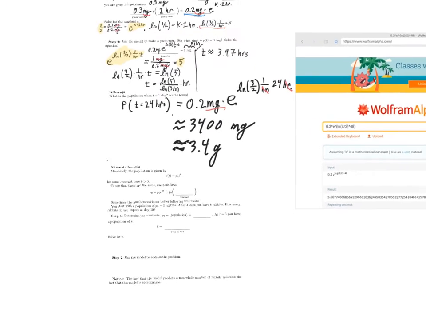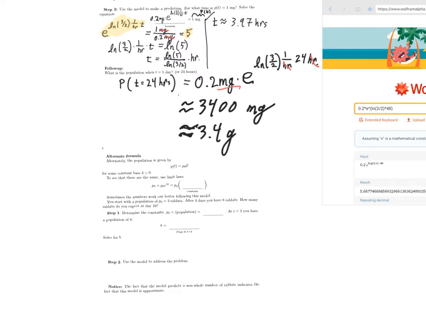That would be a lot of bacteria, and it's unreasonable to expect that to live in the same petri dish. So our remark here is, what we're seeing is, eventually, the population will reach some sort of limit and stop growing exponentially.